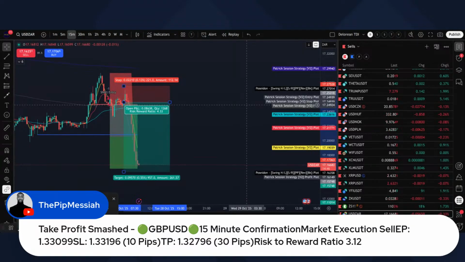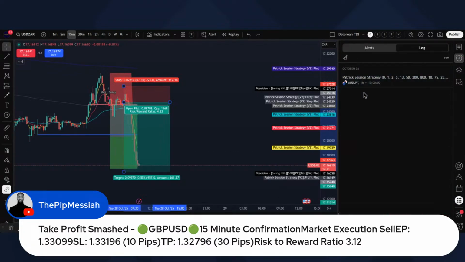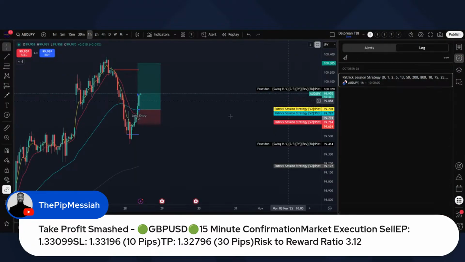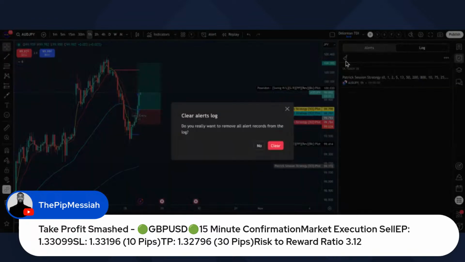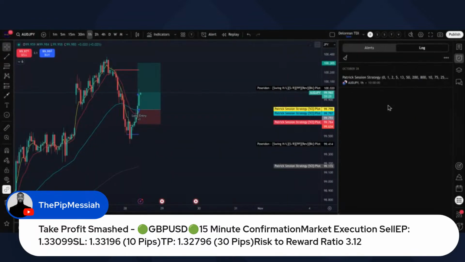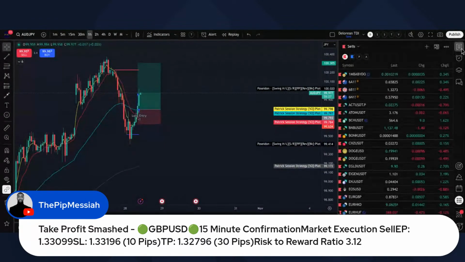All right, 10 o'clock. There goes the ticks again. We've got Australian dollar versus Japanese yen. On the 1 hour, we're already in it. So that's going to hit take profit. It doesn't look like we're getting anything else. It would have been immediate. Hold on.